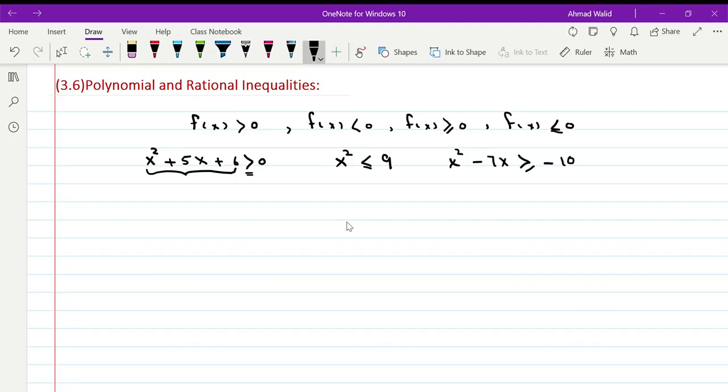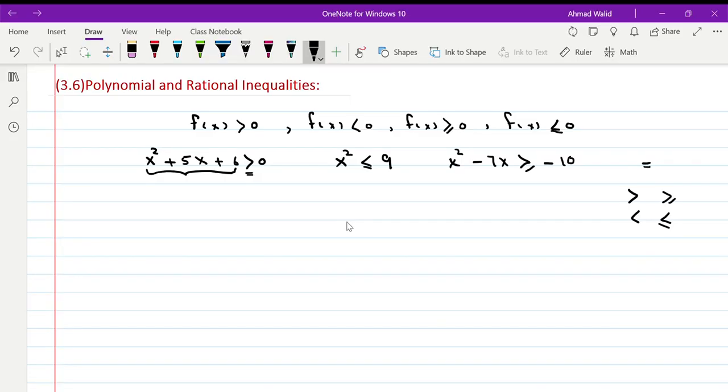Correct? These types of polynomials, we call them polynomial inequalities. The only thing that we do is change our equal sign to an inequality sign: greater than, less than, greater than or equal to, and less than or equal to. We have these four options, right? A polynomial can be greater than, less than, greater than or equal to, or less than or equal to. We just change our equal sign to this sign.